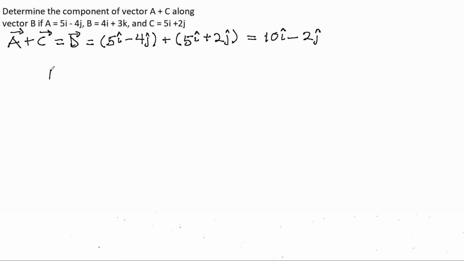So if we write D dot B, this is equal to the magnitude of D times the magnitude of B times cosine of the angle between them.